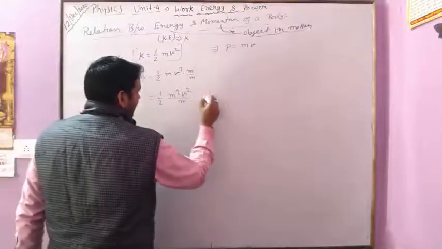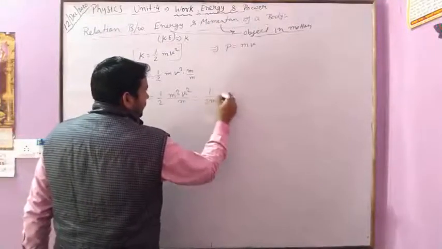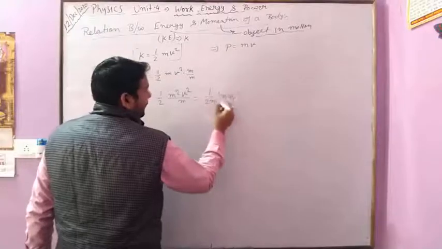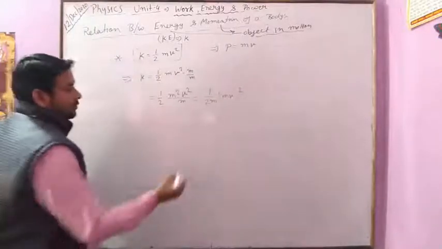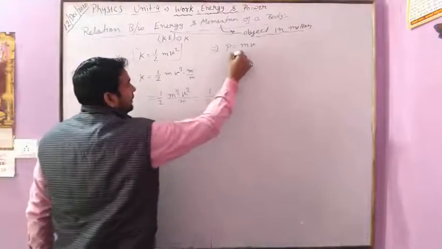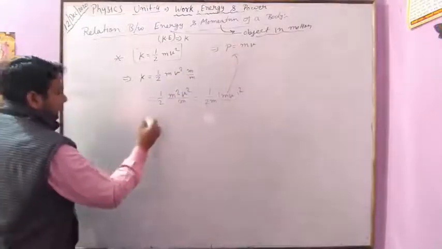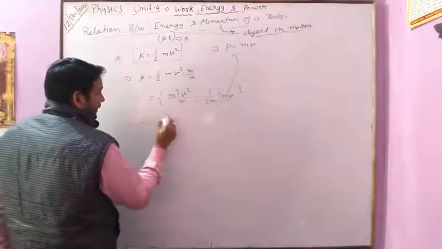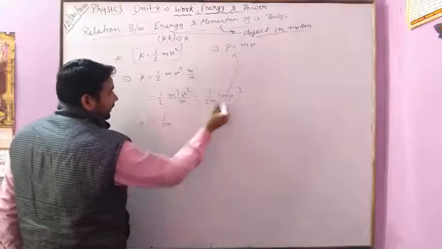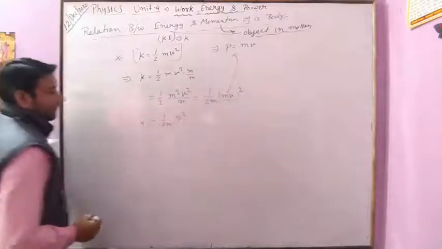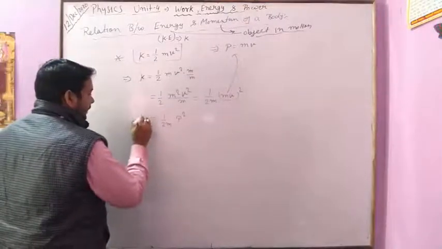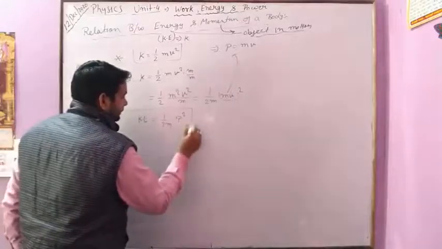From here we can say 2m K is equal to m square v square. Now, here we have the relation of momentum. So we can put here that K is equal to p square upon 2m. This is the initial relation with kinetic energy.